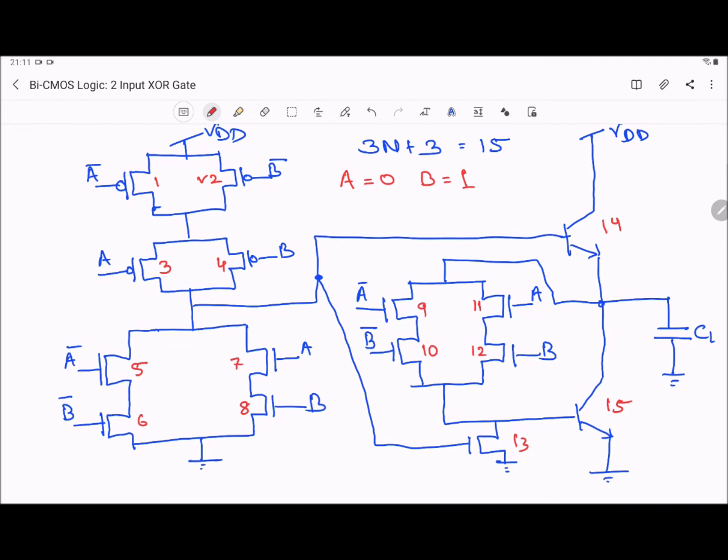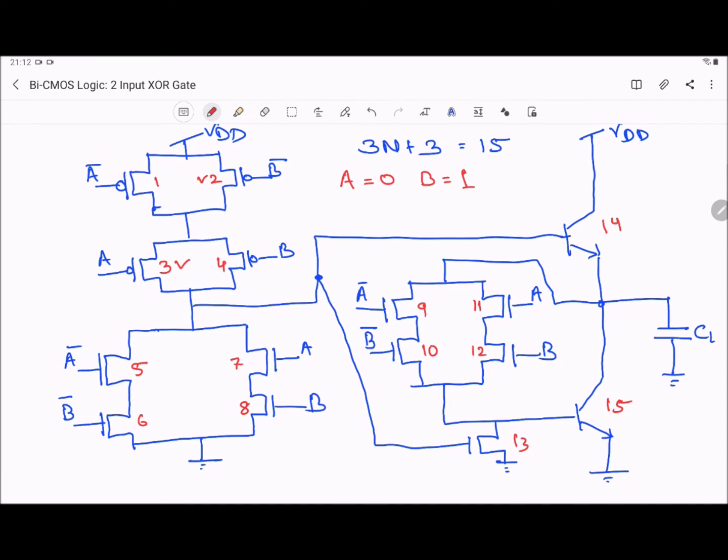A is 0, so transistor 3 is going to be on. So the output stage of the CMOS logic is connected to the VDD rail via transistors 2 and 3. Therefore, a current will flow to the base of transistor T14 and it will turn on transistor T14, and the output node will charge to logic 1.